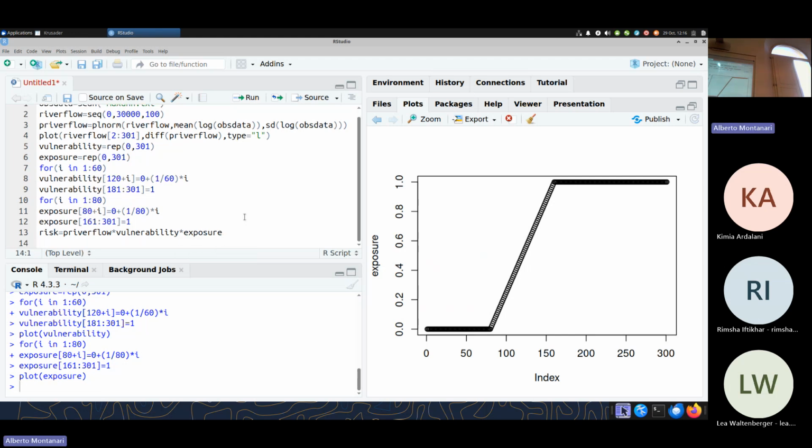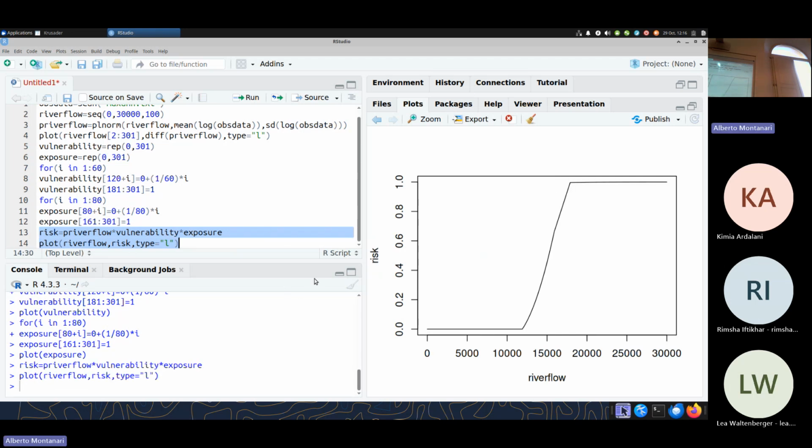Good. And then let's make a plot. River flow, risk, good, type equal line. Good. Let's see what happens. Are we ready? Run.